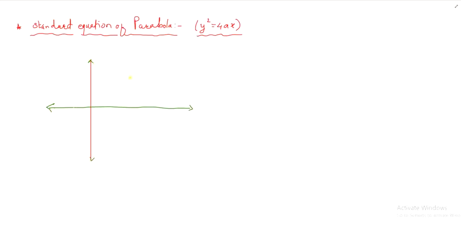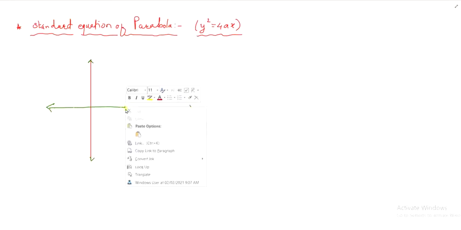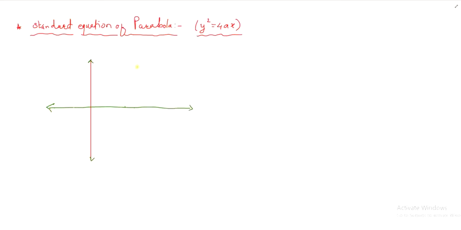Now here we consider the x-axis and take a fixed point S on it.